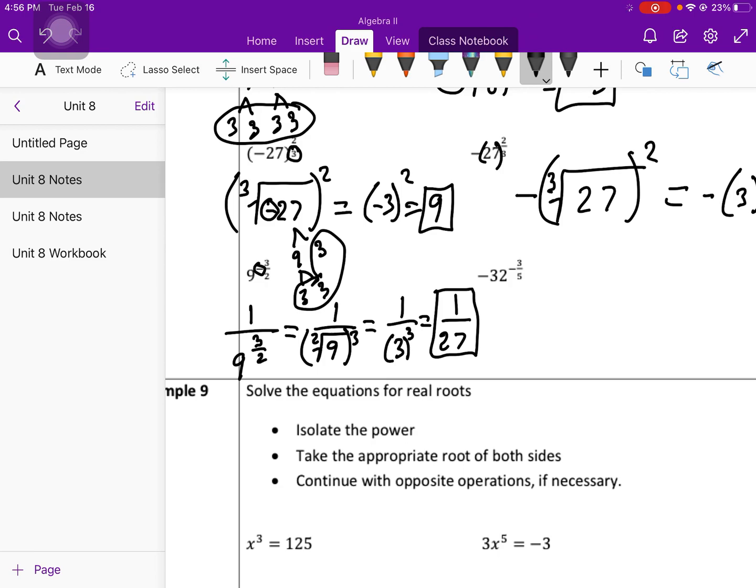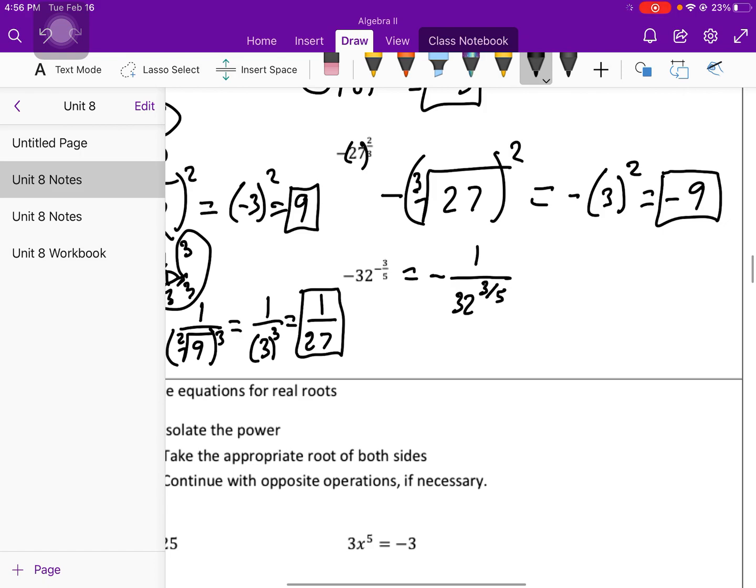We have to do the same thing with this one. I'm going to rewrite this as negative 1 over, bring this to the bottom, 32 to the 3/5 power. Rewrite it as the 5th root of 32 to the 3rd power. And usually these end up being nice numbers.